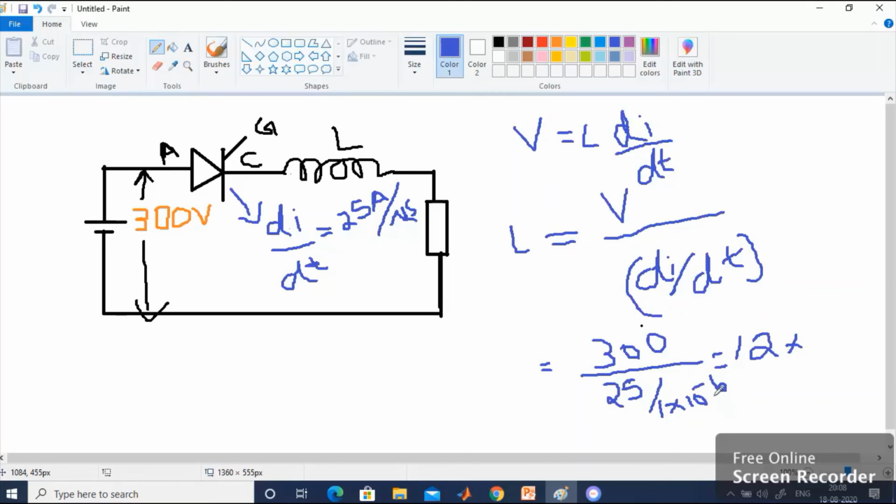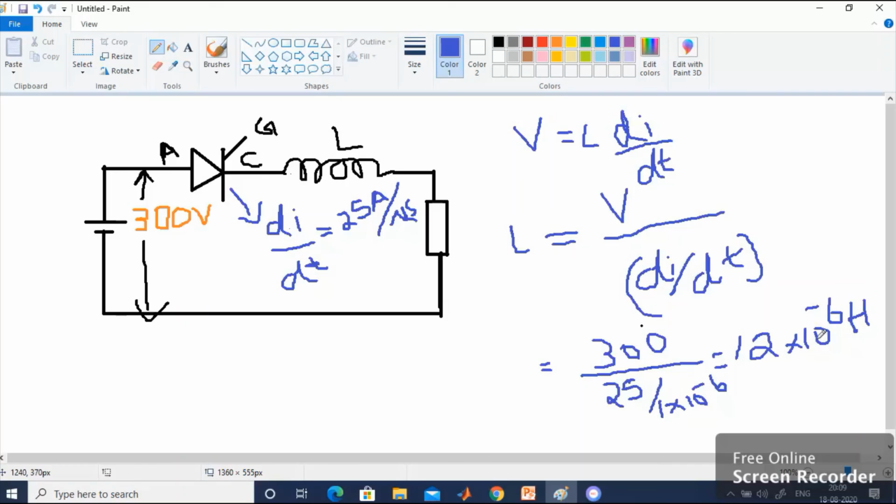The 10 to the power 6 which is available along with the 25 comes to the numerator and it becomes 10 to the power minus 6. So what is the unit? It will be Henry. 12 into 10 to the power minus 6 Henry.